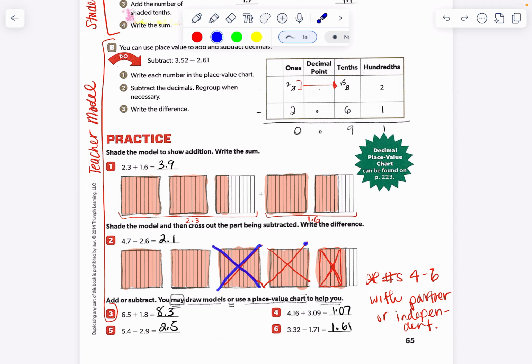So these are the 2 wholes that I took away, in addition to 6/10, so crossing out 6 of these. What we realize is that we have 2 wholes left. And then if students shade correctly, they will see that they had 1/10 left. So our answer is 2 and 1/10.